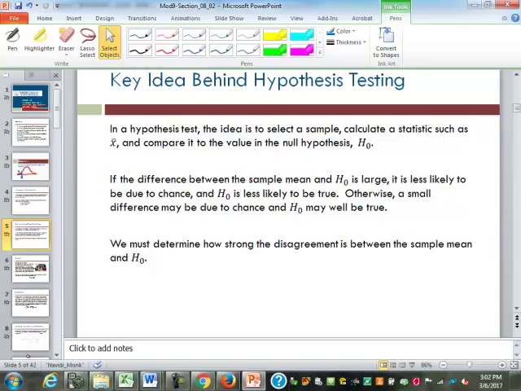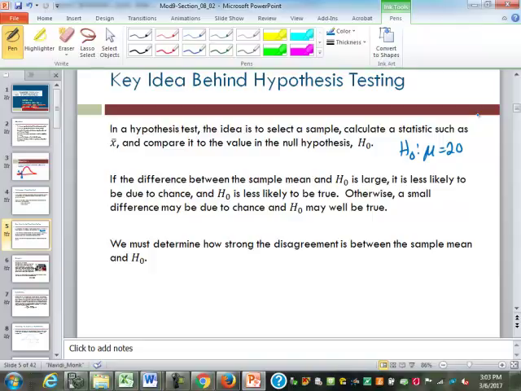So just because in H0 we say that the mean of those boxes is equal to 20, if we take a sample and get 19.8 ounces, that doesn't mean H0 is not true. It's got to be significantly smaller before we can say so, because there's a chance that we got one or two really small boxes in our sample that threw it off, or we just happened to randomly select boxes that were smaller.